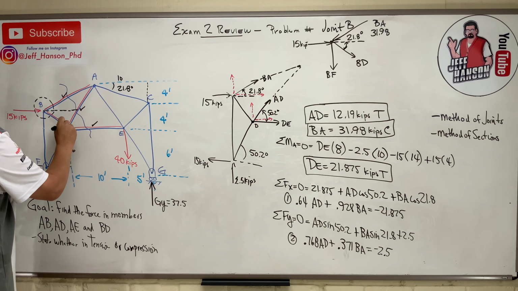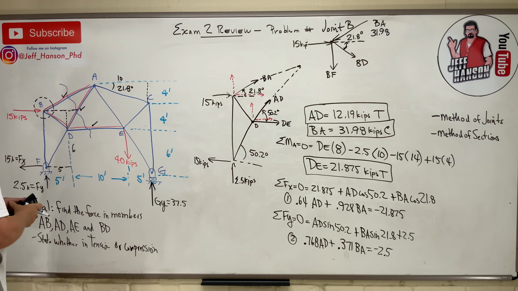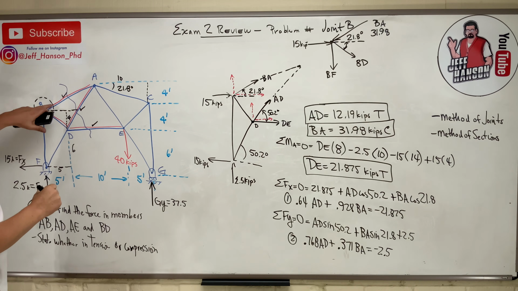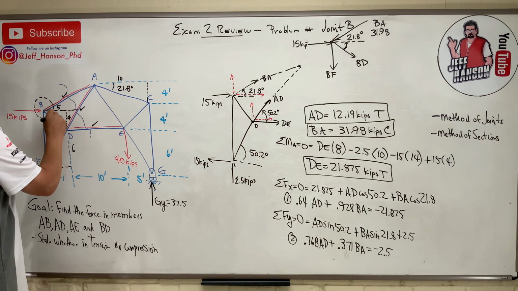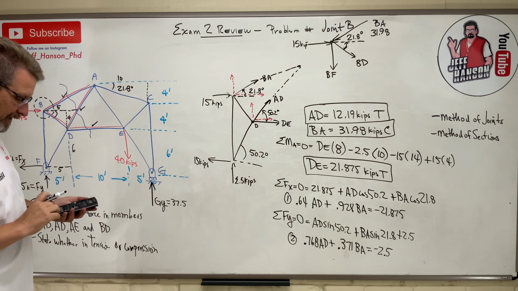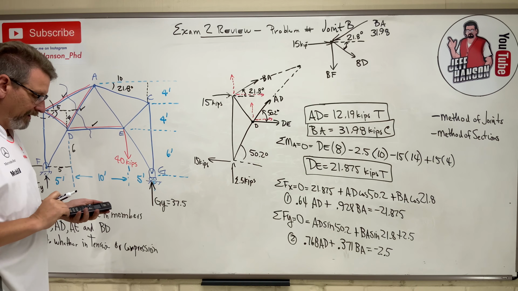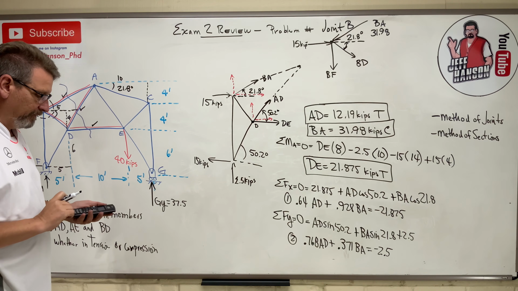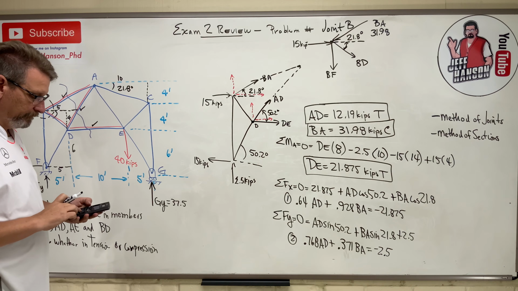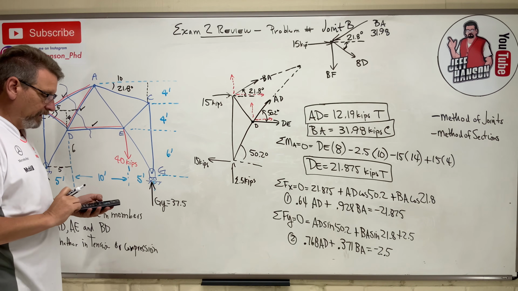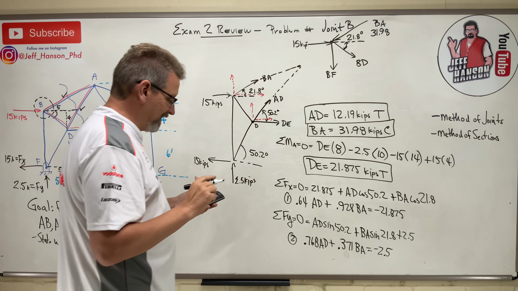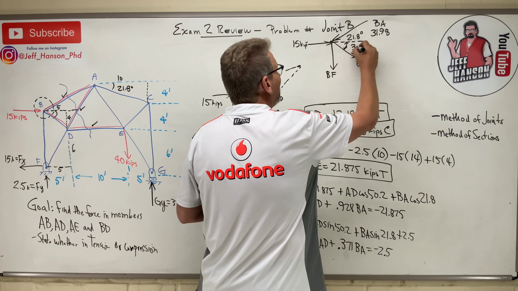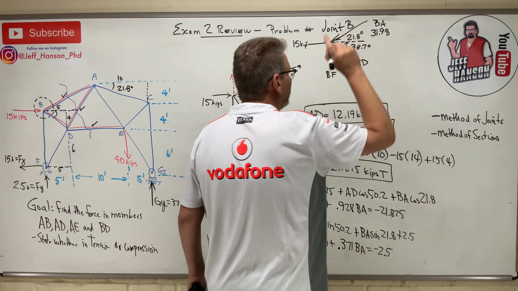I can do that by saying that this height here is 4, and that over there is 5, and so that angle right there is 4 over 5. 4 divided by 5, inverse tan, is 38.6, I'll call it 38.7 degrees. Okay, we're done, right?